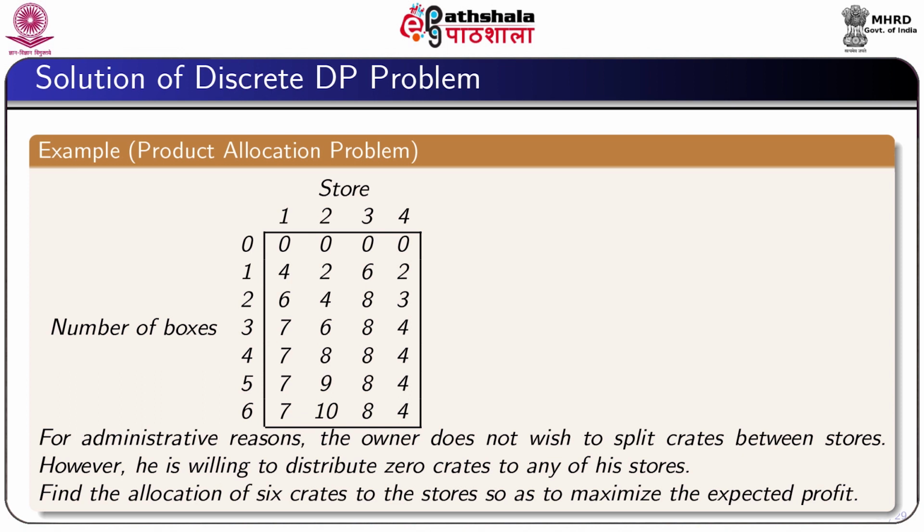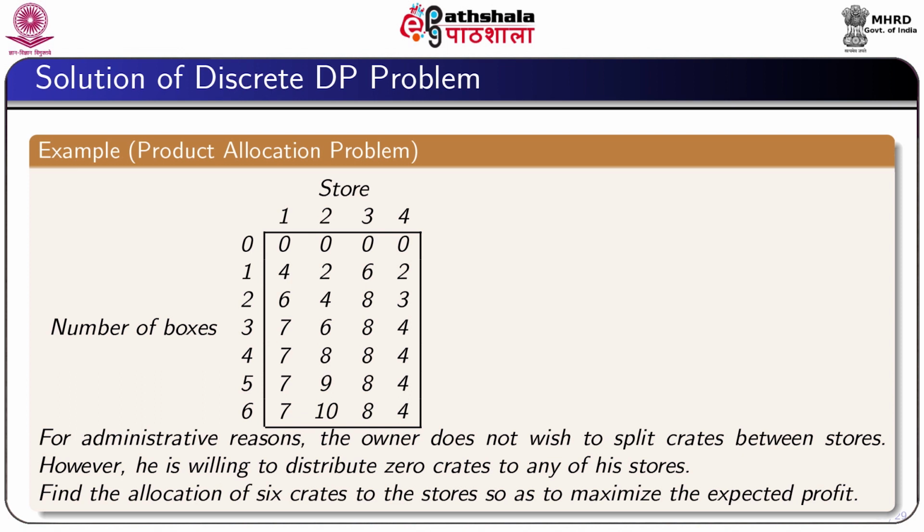And if we allocate 1 box to store 1, the profit is 4, 1 box to store 2, profit is 2, 1 box to store 3, profit is 6, and 1 box to store 4, profit is 2. Similarly, the allocations of 2, 3, 4, 5, 6 boxes to different stores are shown in this table.